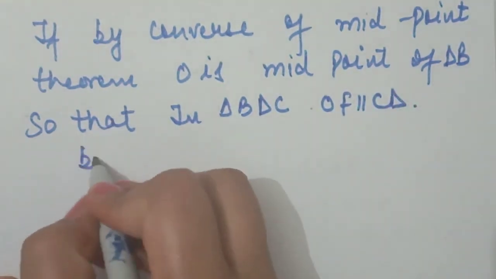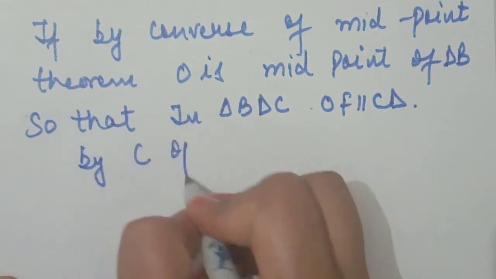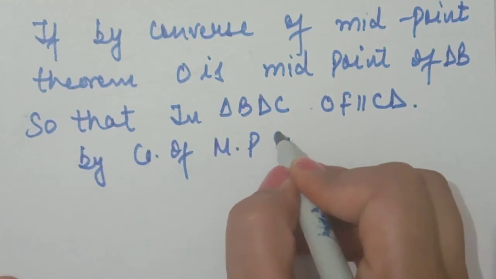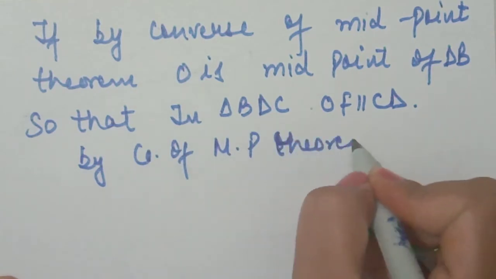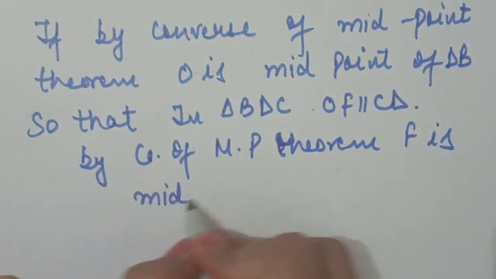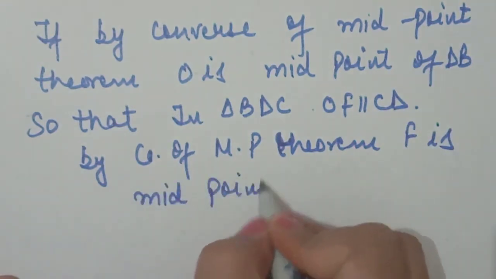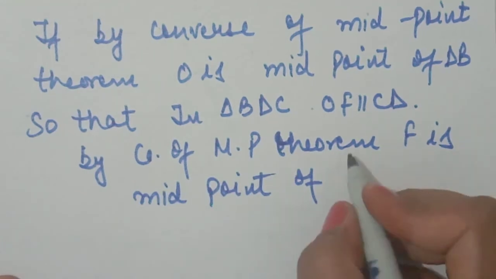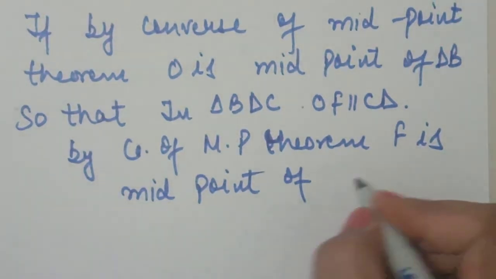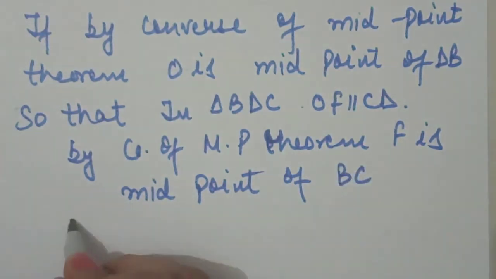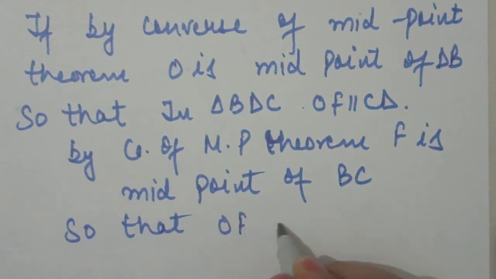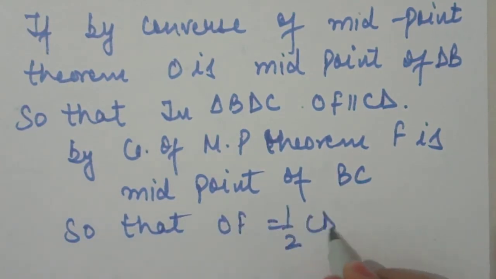So by the converse of midpoint theorem, F is the midpoint of BC, so that OF is equal to half of CD.